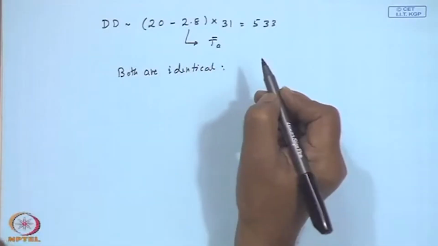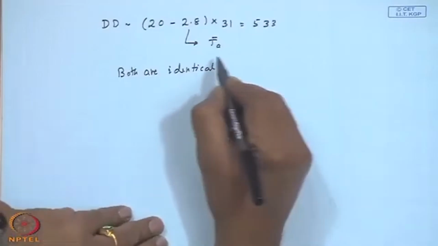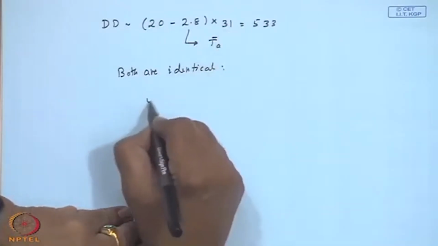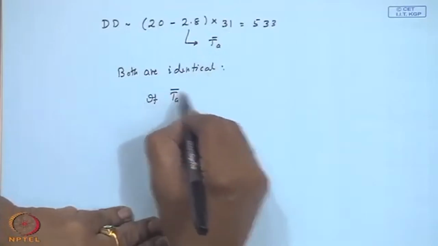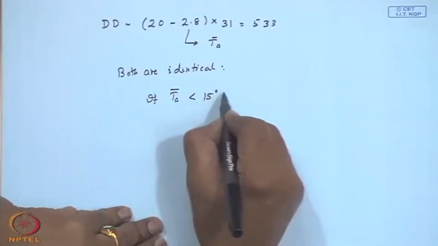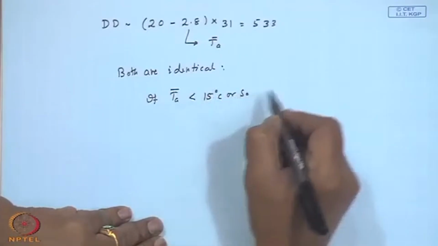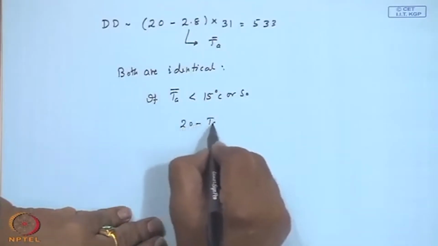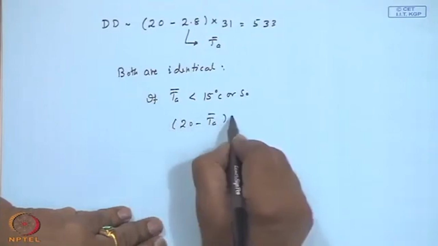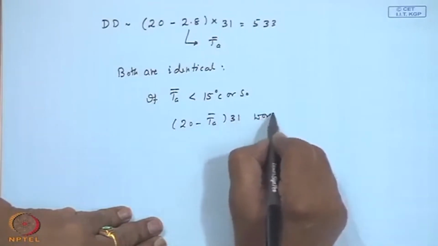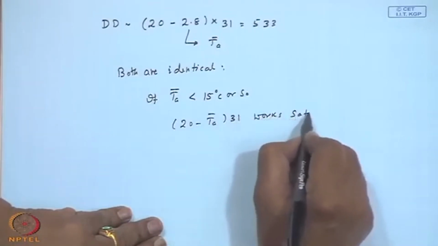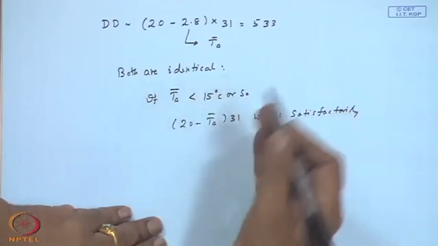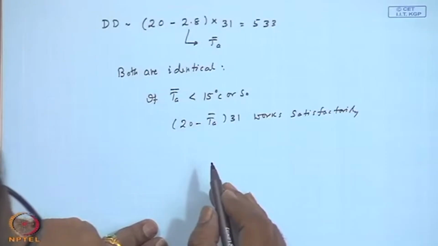This came somewhat as a surprise even to me, because after making a number of calculations, I am aware that if T A bar is less than 15 degrees C or so, then this approximate 20 minus T A bar into 31 works satisfactorily. Better still, if it is 10, 11, it will definitely work.